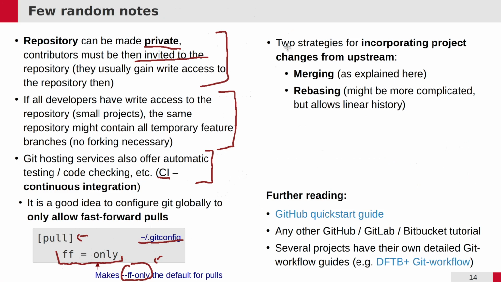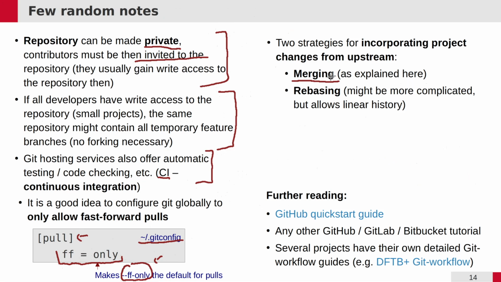And my last comment, which I also made in a previous video, is that in order to keep up to date with the changes on the upstream project while we are developing our feature, we were using the merging strategy. So we were pulling the upstream main into our own main branch, and then we were merging this main branch into the feature branch.